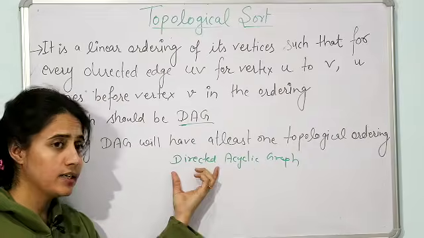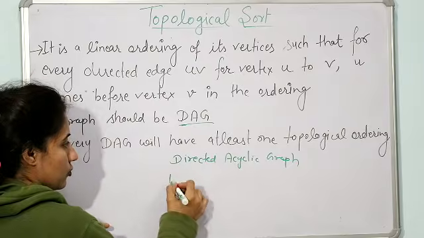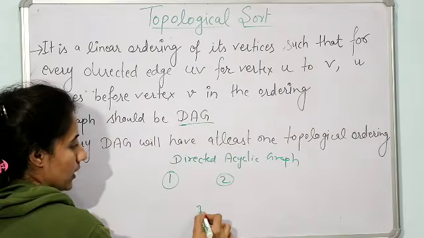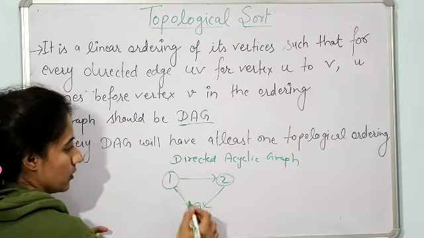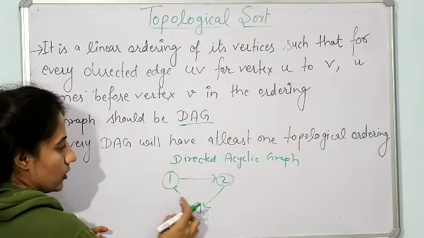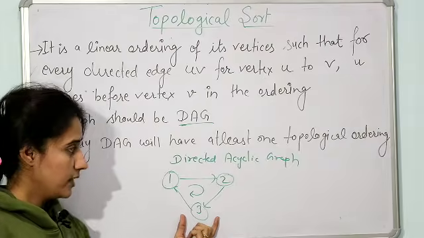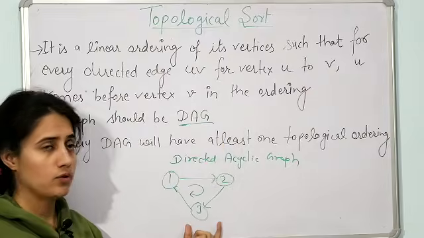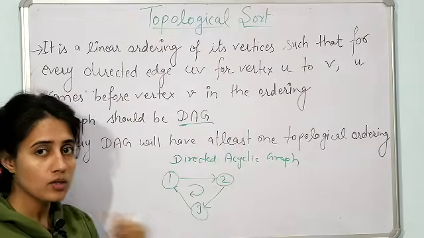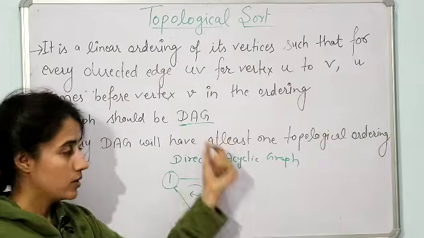If graph is directed but it contains any cycle, like this. Suppose we have 1, 2 and 3 vertices. 1 to 2, 2 to 3 and 3 to 1, the cycle has formed now. So if such type of cycle is contained in the graph, then it is not possible to find out topological ordering of that graph. So that graph should not contain any cycle, not a single one. Fine, that is must condition.